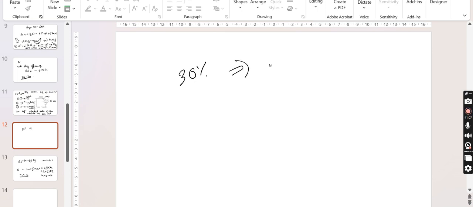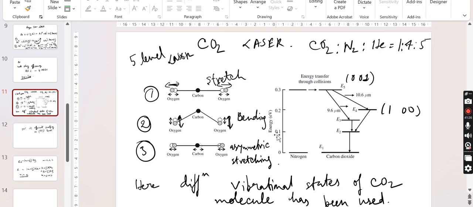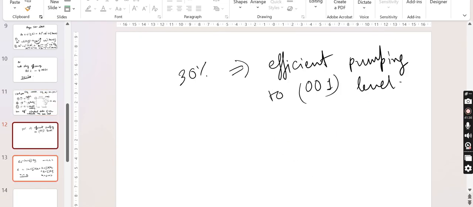And the reason is efficient pumping to the 001 level, and also because all the energy levels involved are close to the ground level. So you see the upper laser level is 0.3 electron volt, so the pump energy required is not that high.